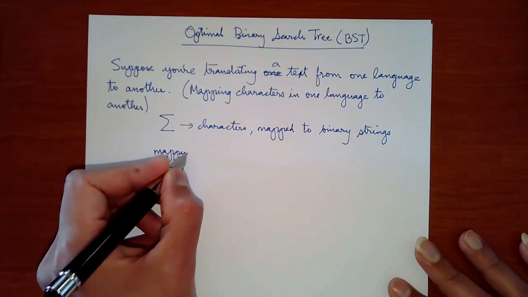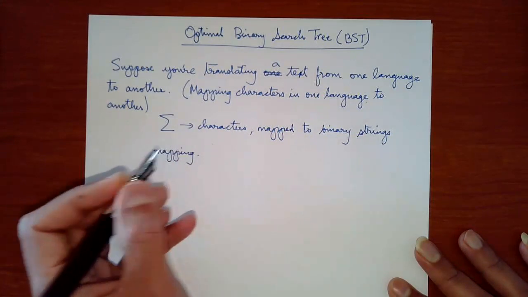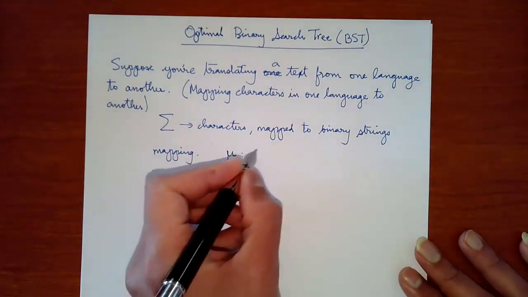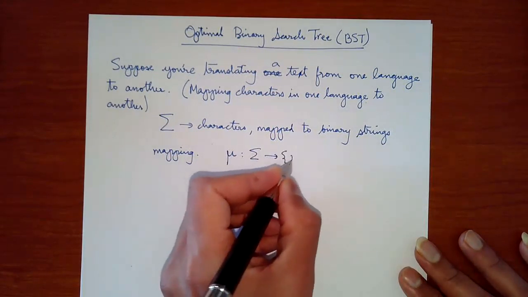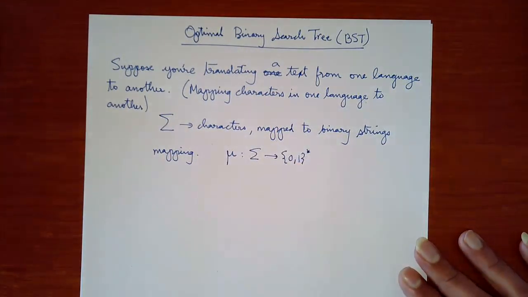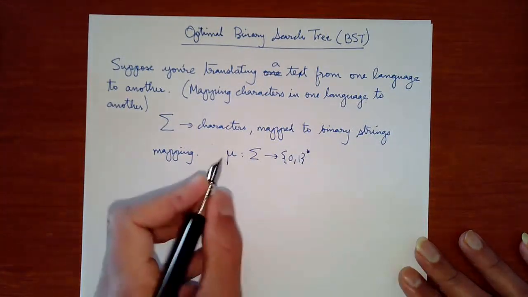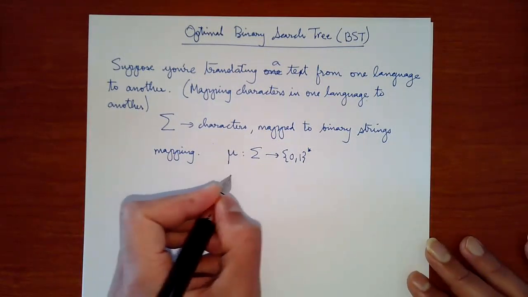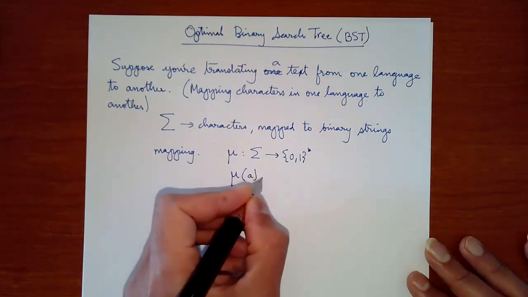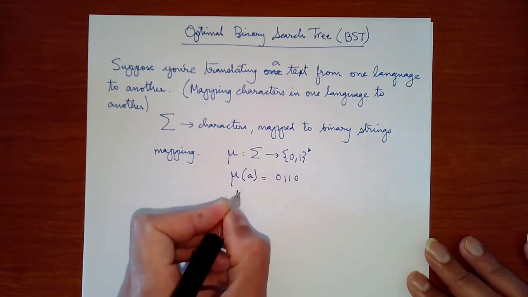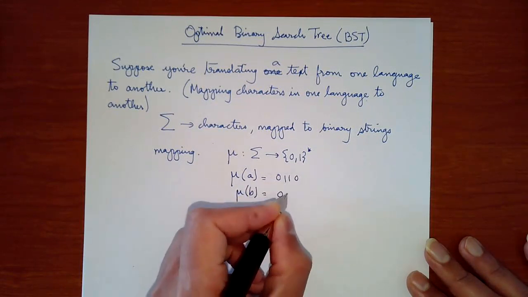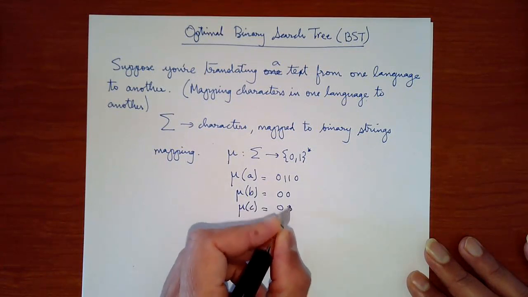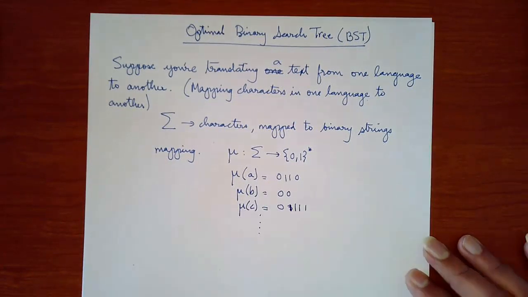I'll refer to the mapping function as mu that maps characters to strings. So this means this is a string. Maybe this character is just English; you could even think of this as ASCII. So maybe mu of A is 0, 0. Mu of B is, mu of C is 0, 1, 1, 1, and so on.